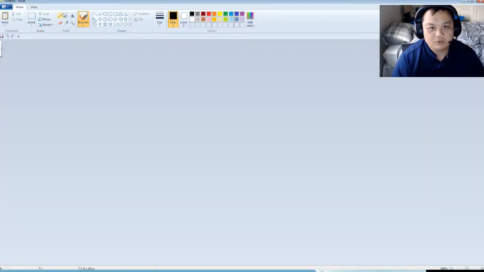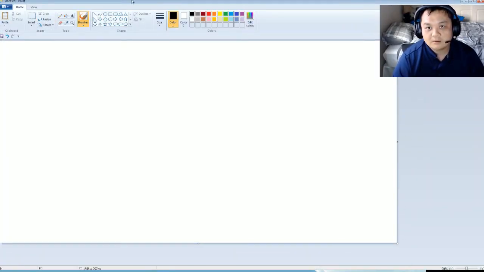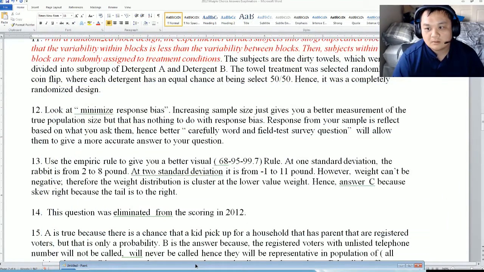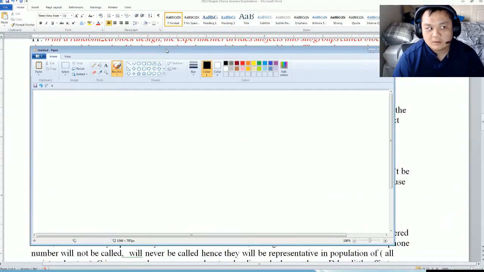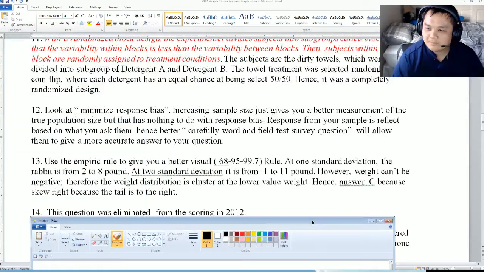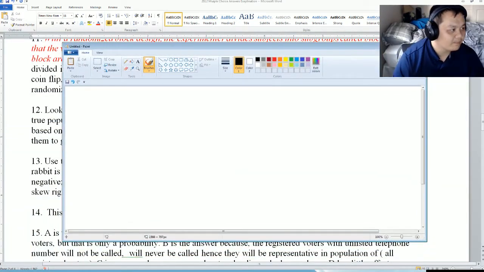But we can only use the empirical rule when the graph is normal. If we want to use the empirical rule, the graph has to be normal, right?